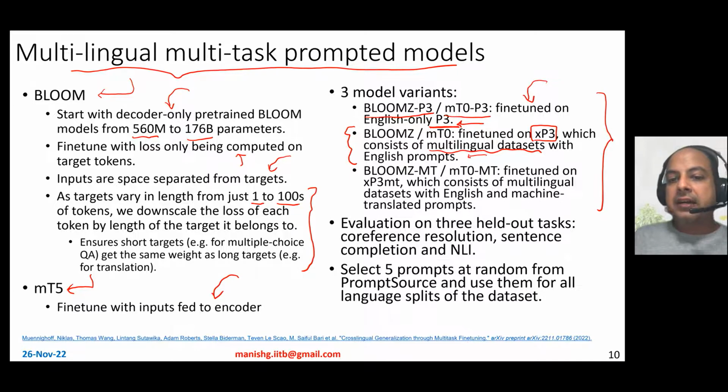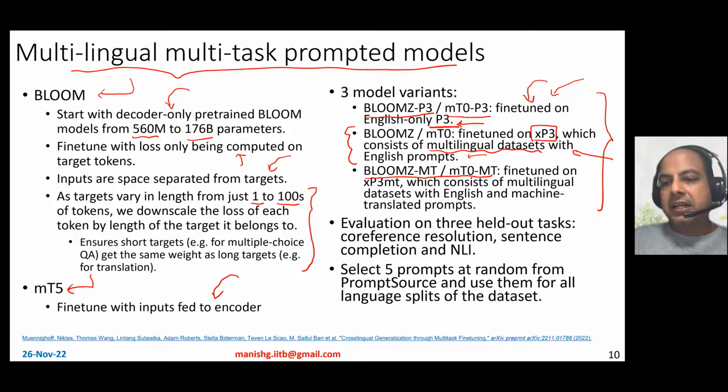Lastly, we care about models which are fine-tuned on XP3 MT, which consists of multilingual data sets with English and machine translated prompts. So the idea is that here it's English data sets and English prompts only.